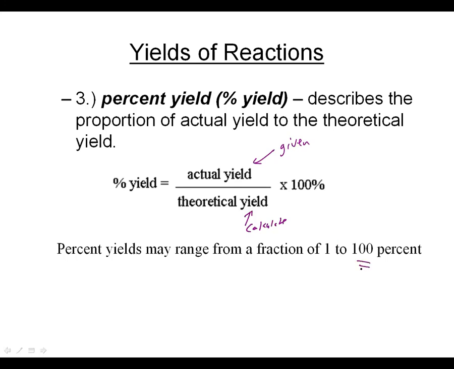You did the experiment great. You know, in your high 90s, that's really good. If you got like a 5% yield, you probably dropped some stuff along the way. You didn't do so well. So usually a higher percent yield is what you're looking for. Usually you don't get to 100. Somewhere in the high 90s is usually really good. If you get over 100 again, that usually means something probably didn't go so right.